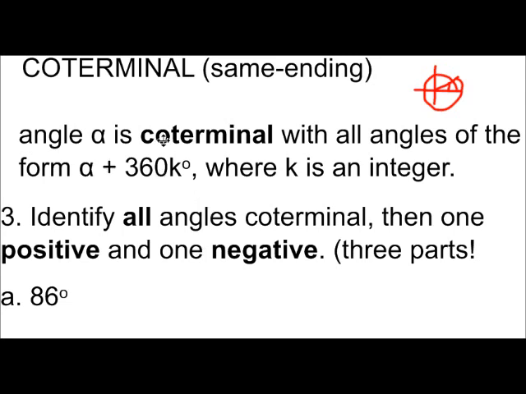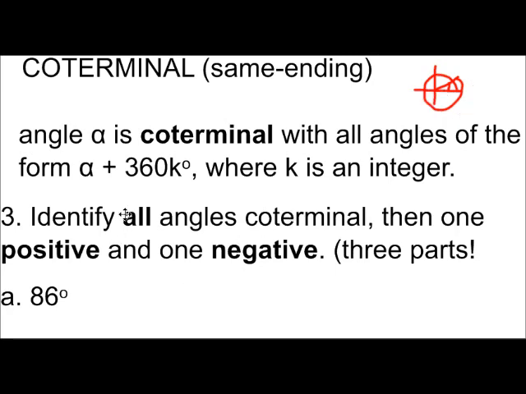So if you're asked for coterminal angles, an angle with degree measure alpha is coterminal with all angles of the form alpha plus 360k, where k is an integer. This means starting with your original degree measure, every time you add a full multiple of 360 or subtract a full multiple of 360, you're back in the same place. You're coterminal.